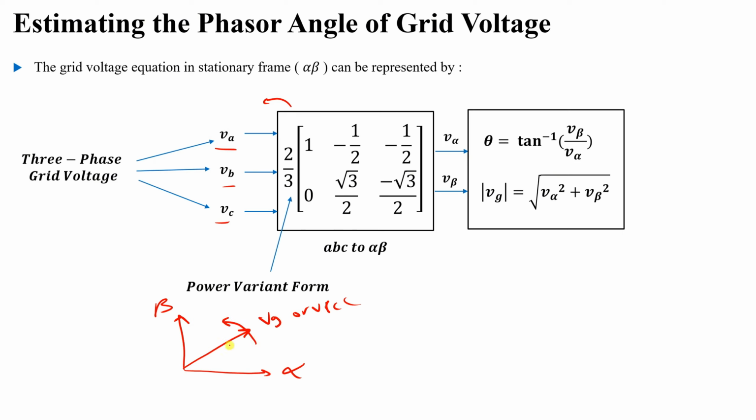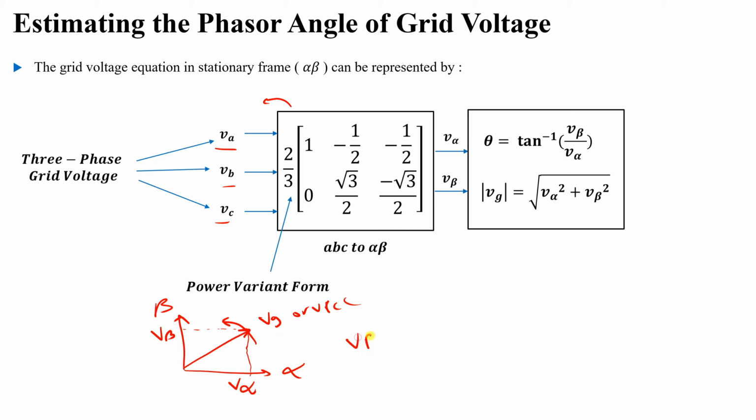At every instant there was a component here, which is V alpha, and another component here, V beta. So at any instant, this vector will be divided into two components, one on the alpha frame and one on the beta frame.